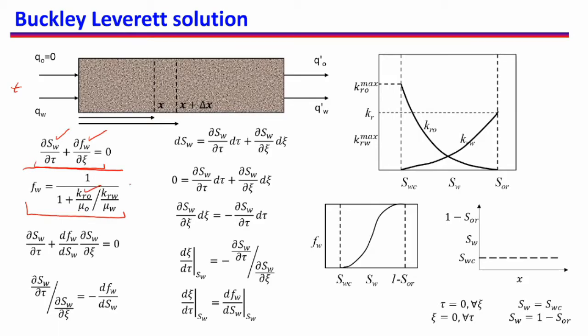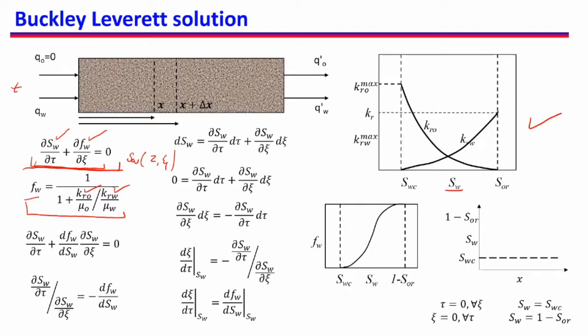And the relative permeability of oil and relative permeability of water, which I have shown on the right hand side, are also functions of SW. So FW is also a function of SW. So that means using this governing equation we can find SW as a function of tau and xi.